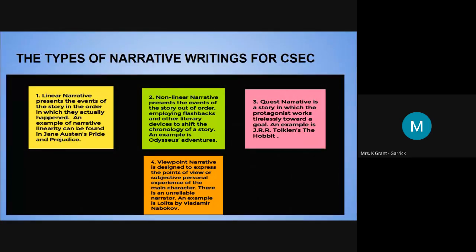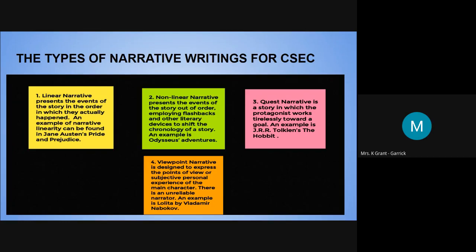Now, there are different types of stories that you can choose to write. For CSEC, you can write a regular story. We call it a linear story, where you just have the events happening from the beginning to the end, no change. Then you have the non-linear narrative, where you have the story out of order. So you have your flashback, your literary devices, and the shift in the chronology of the story.